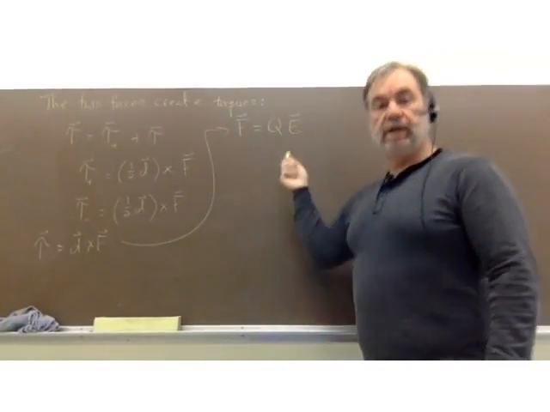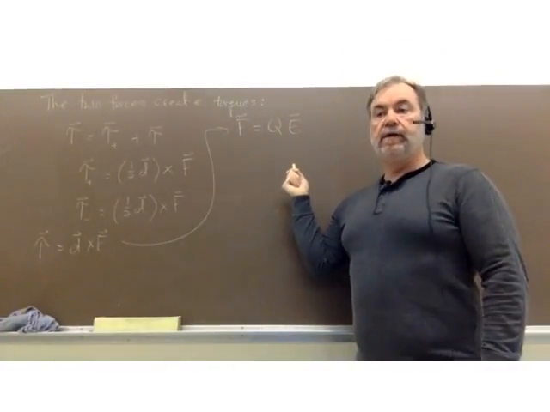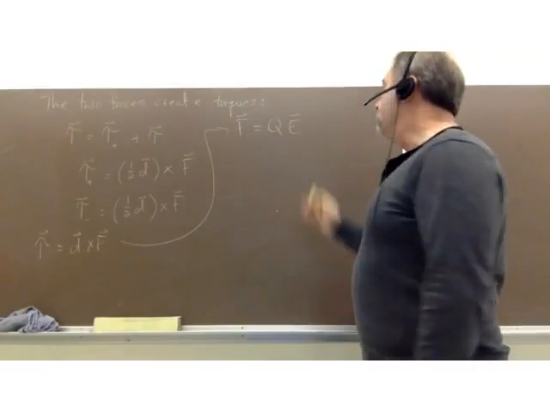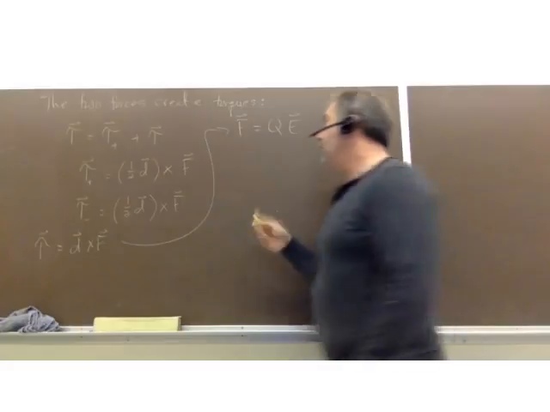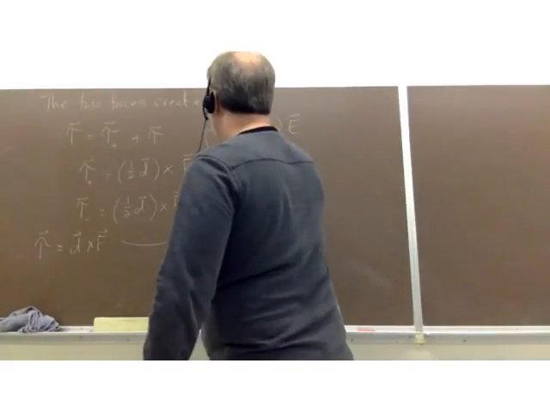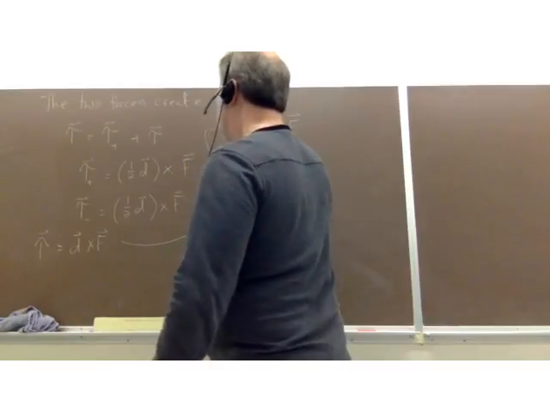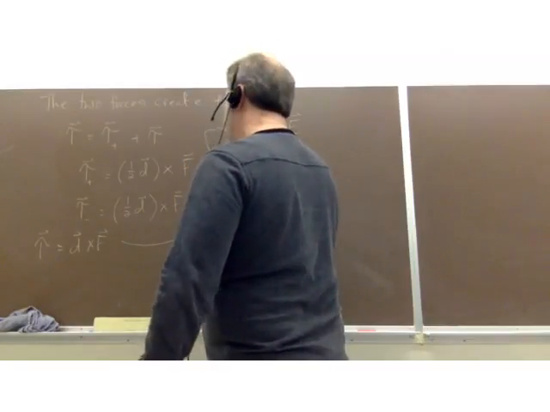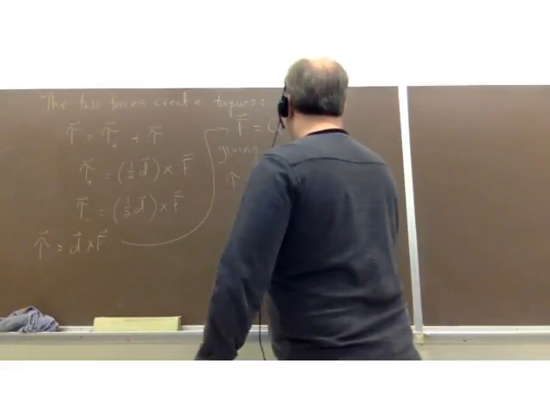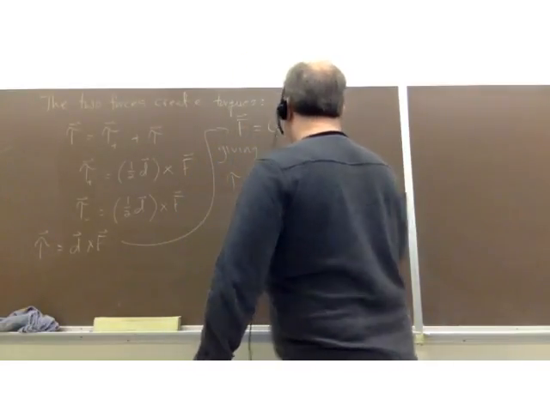It could be a hydrogen atom and an oxygen atom. That would give you a hydroxide. Whatever they happen to be. Anyway, the charges, and so the torques, or the total torque really, is d cross Q times E.